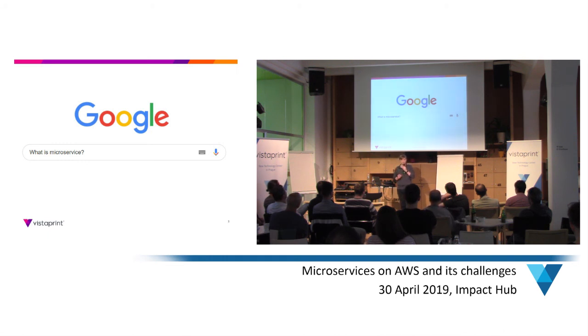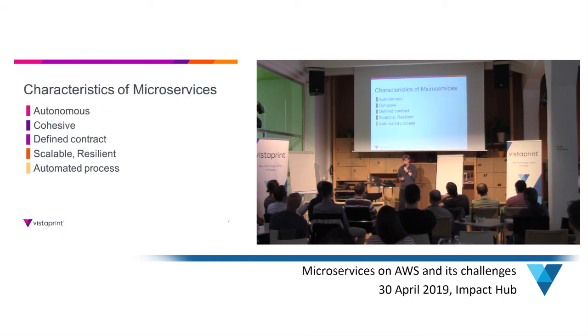Apart from this definition, this is what we imagine when somebody says microservice. I imagine this list of principles. First is autonomy. When you have a microservice, you're supposed to change it and deploy it independently without affecting any other microservice in the system, which gives you this autonomy.